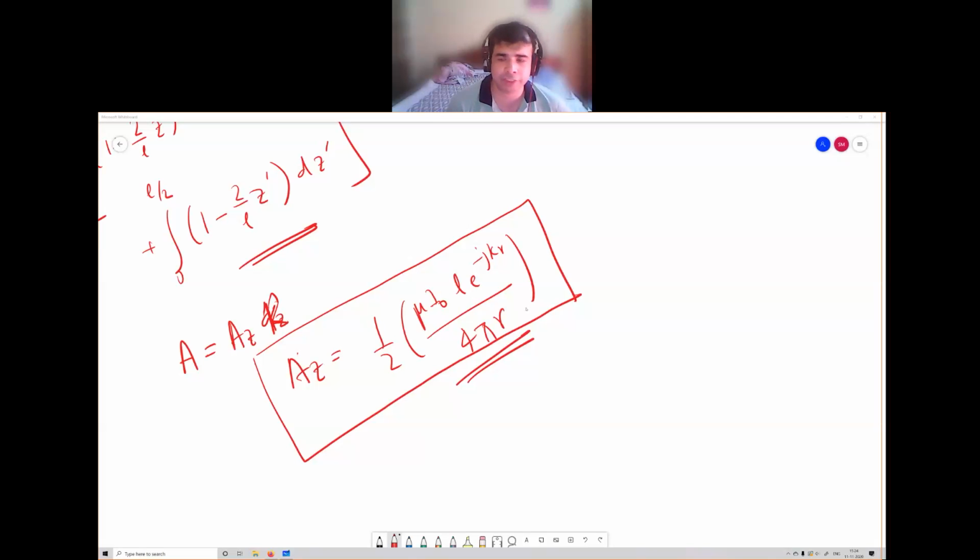Okay. So we have this, right? Now using this we can find, as we did in the previous section, E theta equal to j eta k I0 L e to the power of minus jkr by 8 pi r sin theta.